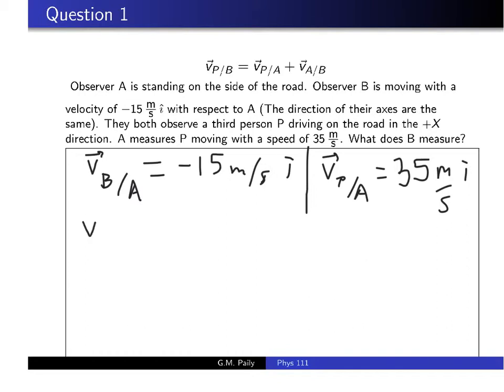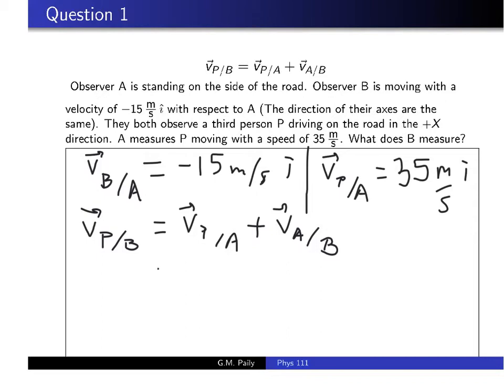We know that the velocity of P with respect to B will be the velocity of P with respect to A plus the velocity of A with respect to B.